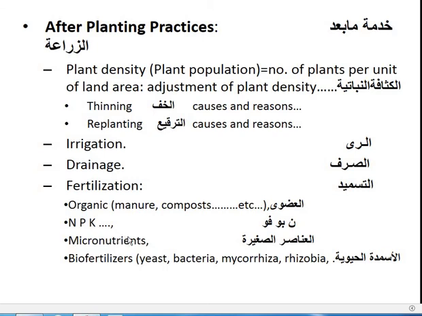Micronutrients, like calcium, magnesium, manganese, sulfur, and boron. Biofertilizer, like yeast or bacteria, mycorrhiza or rhizobia. Those are biofertilizers, other organisms that can do fertilizing.